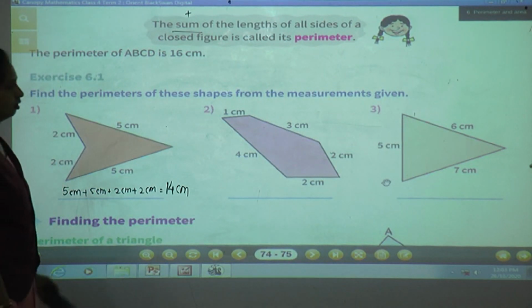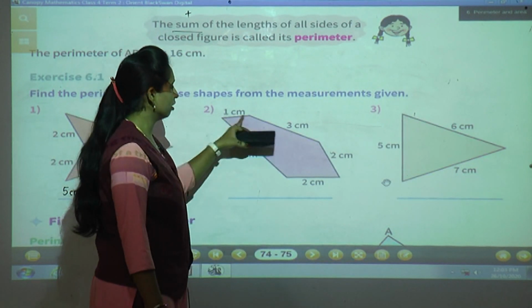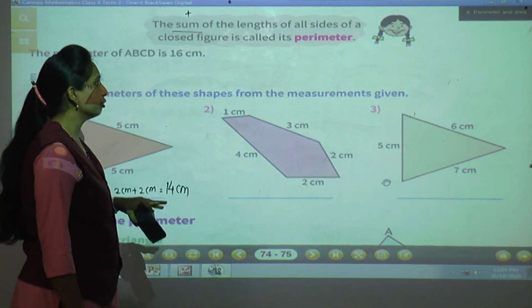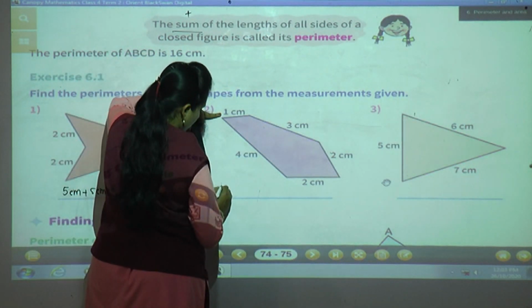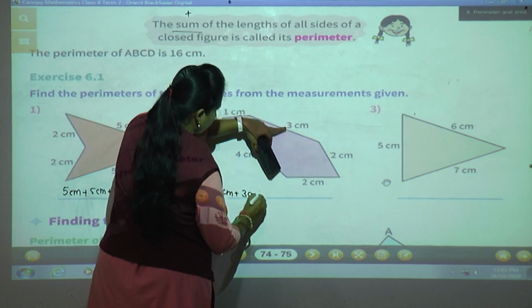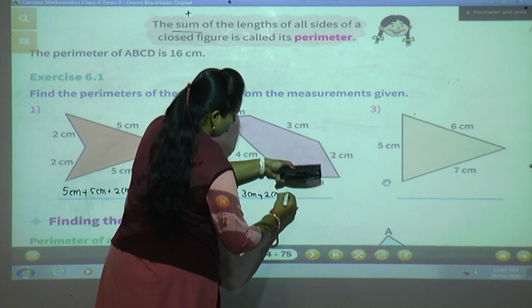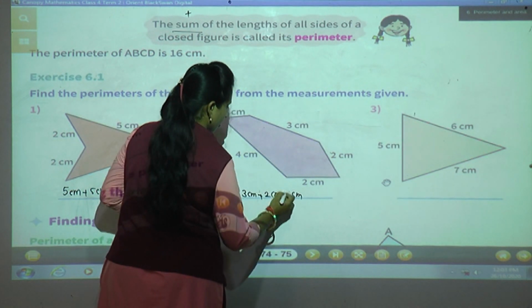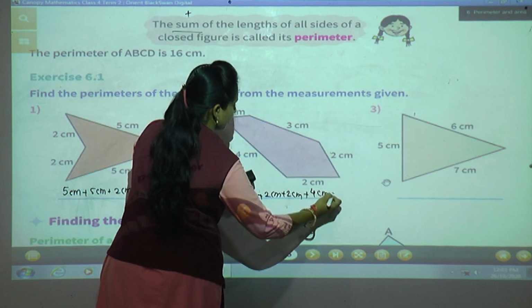Now see here, this is also a closed figure. We have to measure the length of all the sides. For that what we have to do? We have to add all the sides together. I'll start from here. 1 centimeter plus 3 centimeter plus 2 centimeter plus 2 centimeter plus 4 centimeter.